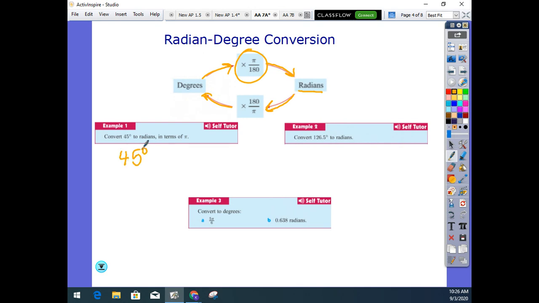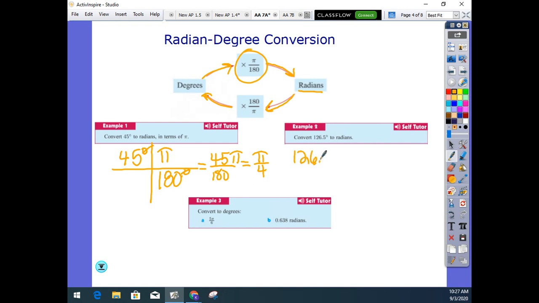If you want to convert 45 degrees into radians, we put pi on the top, 180 degrees on the bottom, because that cancels the degrees out. So we have 45 pi over 180, but 45 we can reduce. 45 over 180 is just 1/4, so it's pi over 4.